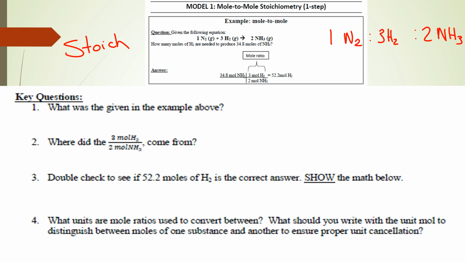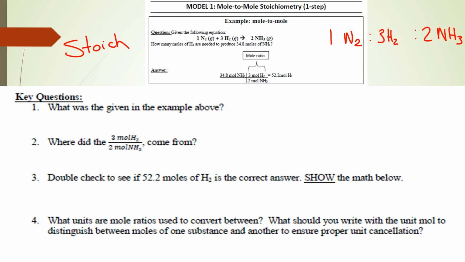So the relationship between hydrogen and ammonia is 3 to 2. The relationship between nitrogen and ammonia is 1 to 2. The relationship between nitrogen and hydrogen is 1 to 3. So we can establish a relationship between any 2 of those 3 things to go from one thing to another.